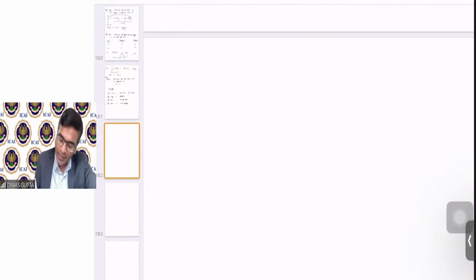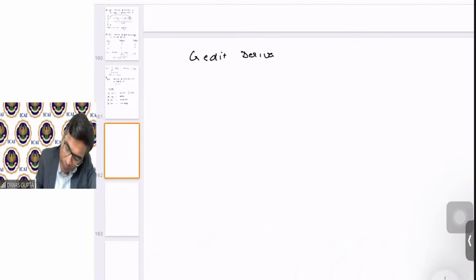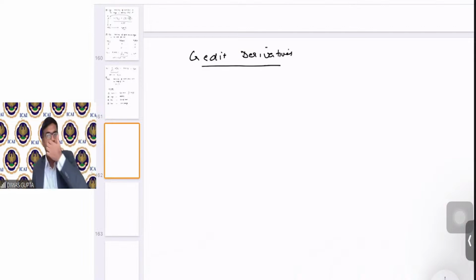So students, a new topic introduced this time is credit derivatives. This is actually a very interesting topic, students. Credit derivatives, and very easy to understand. So let me start.